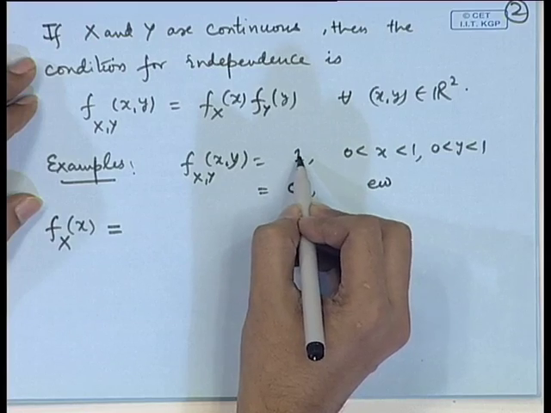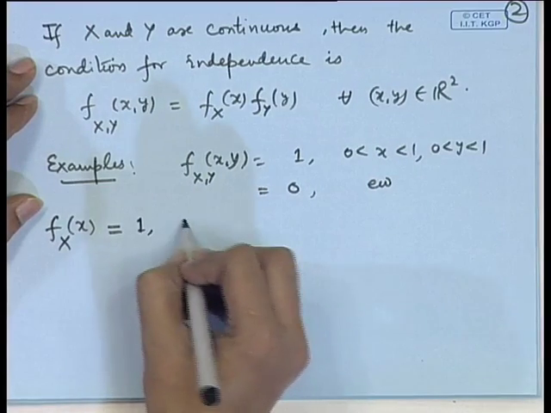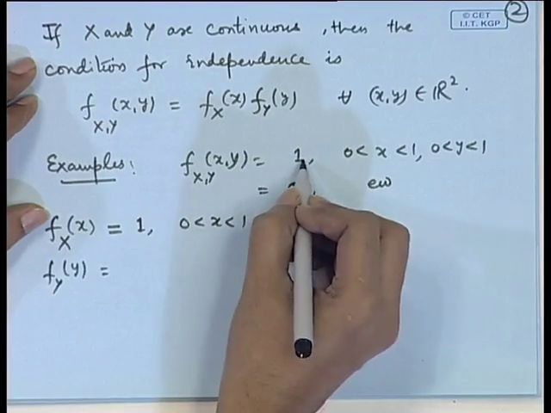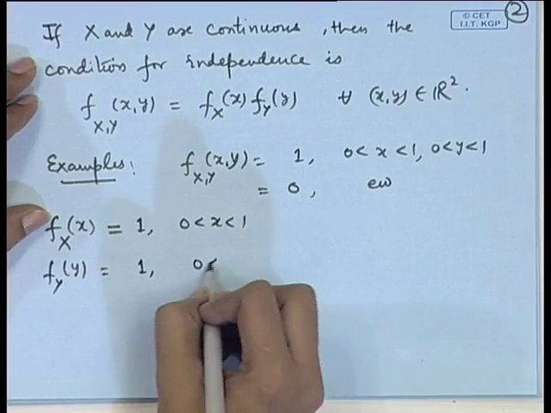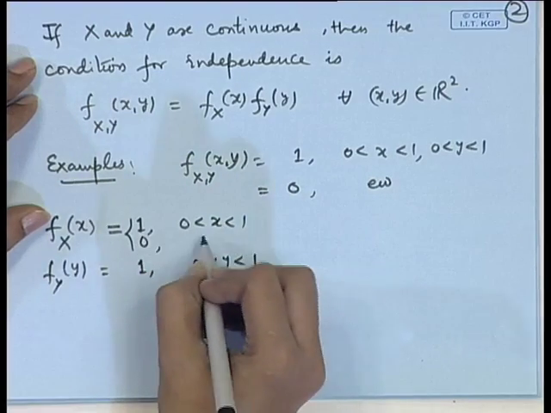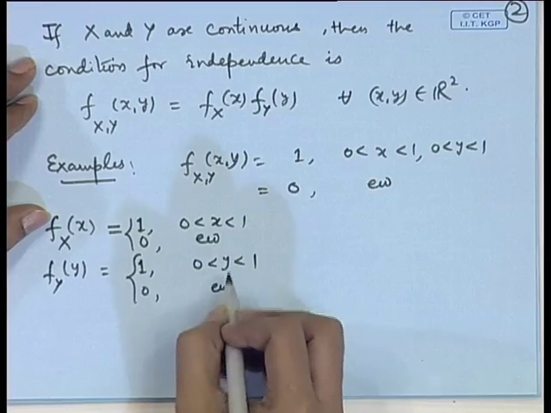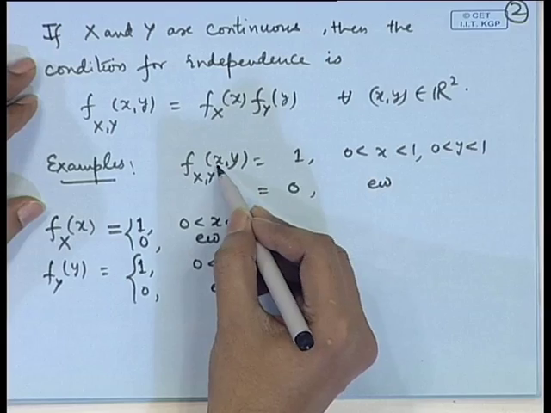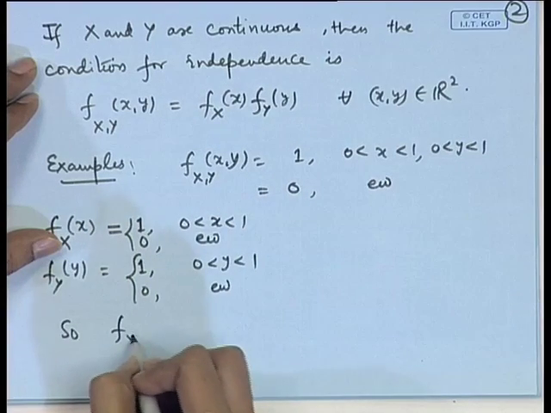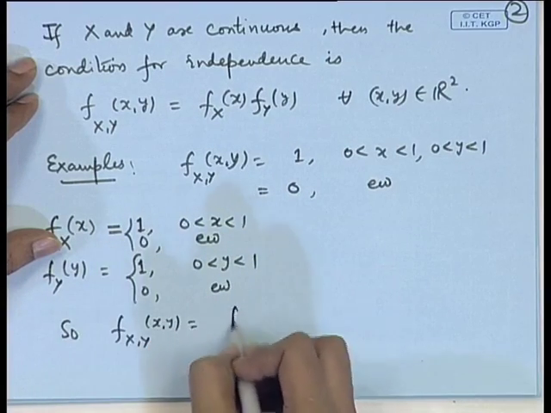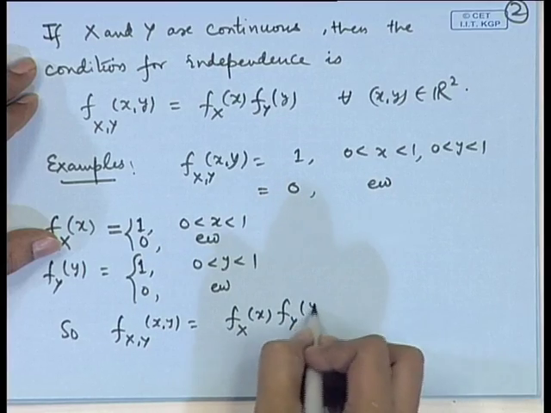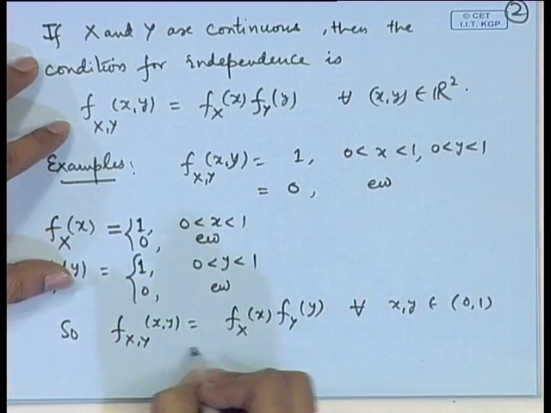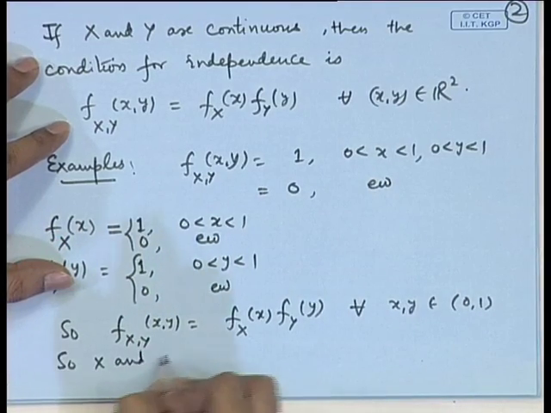We will be integrating with respect to y from 0 to 1, so we get 1, and similarly, if we integrate with respect to x from 0 to 1, we will get 1, and of course 0 elsewhere. So, you can easily see that the product of f_X(x) and f_Y(y) is equal to f(x,y). This condition is satisfied for all x and y. So, X and Y are independent.